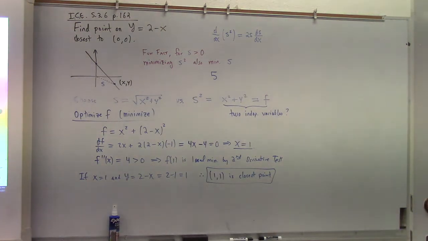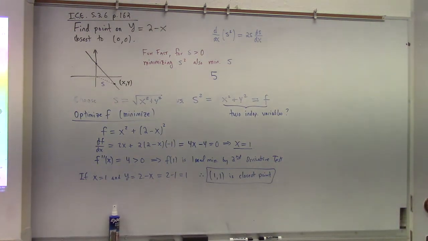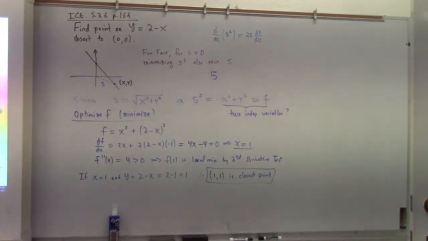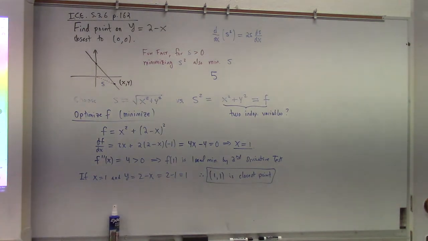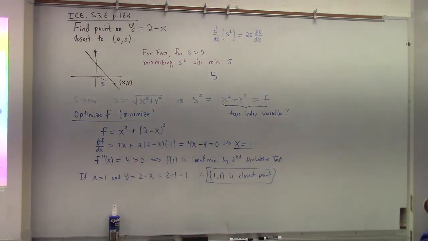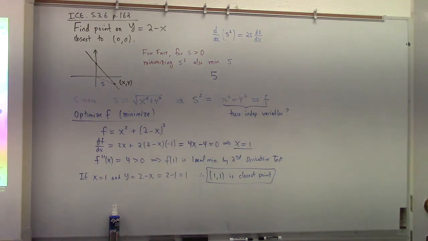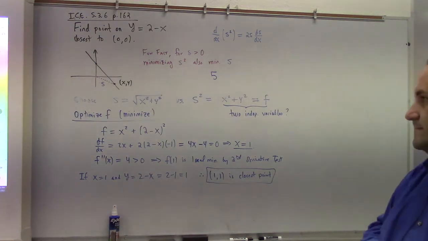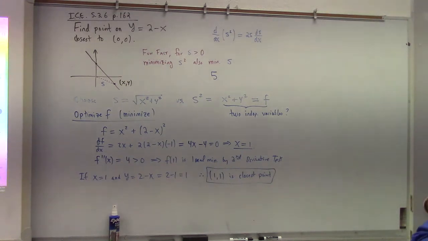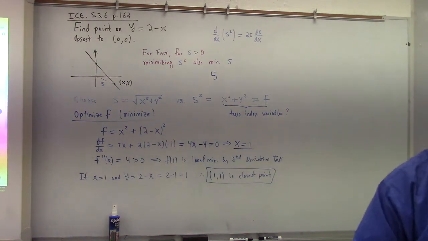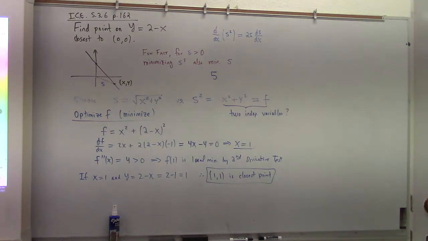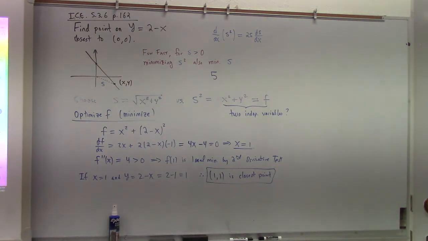Now, my question to you is, did you actually need calculus to solve this problem? How do you find the closest point on a line to a point off the line? Do you remember from geometry how to solve this problem? In geometry, we look at the perpendicular to the line, right?